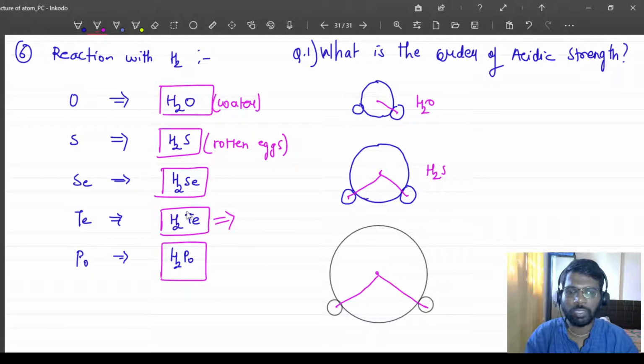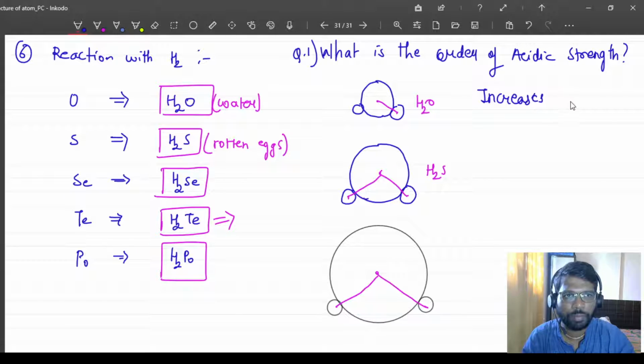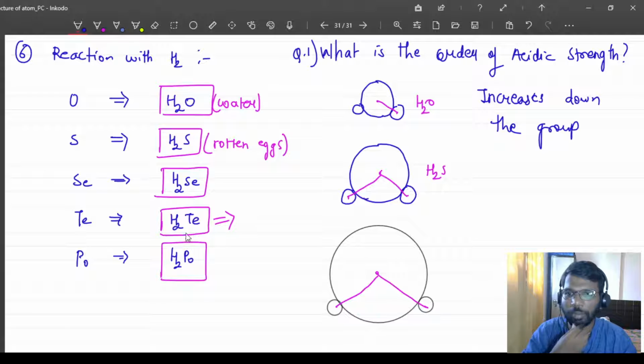So H plus could be given very easily. So what I can say is that in general, acidic strength increases down the group. Maximum is for tellurium. Polonium is a radioactive element. So the acidic strength is maximum for tellurium.